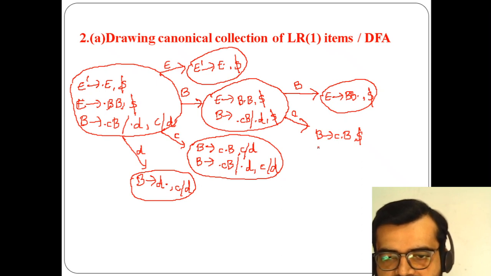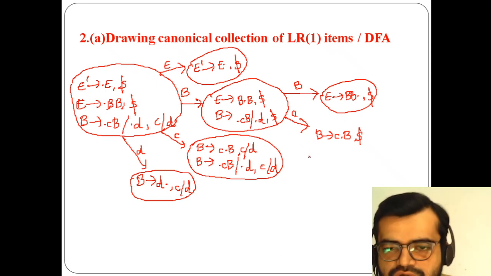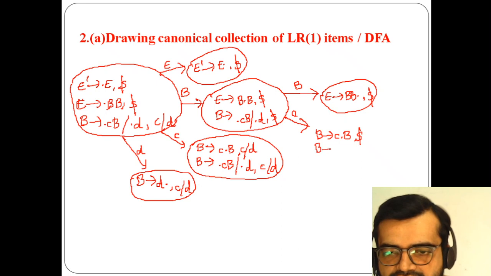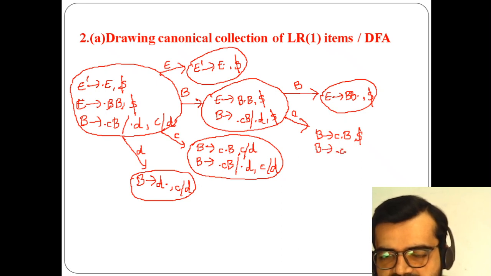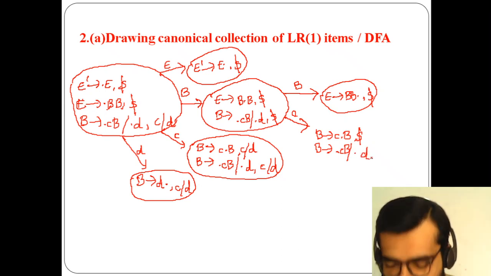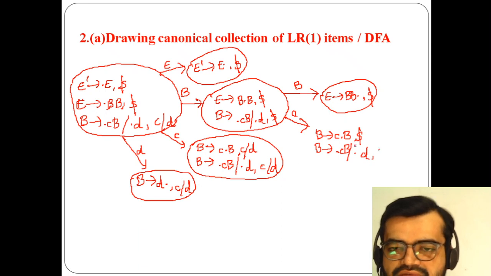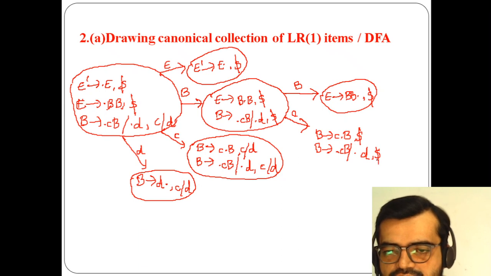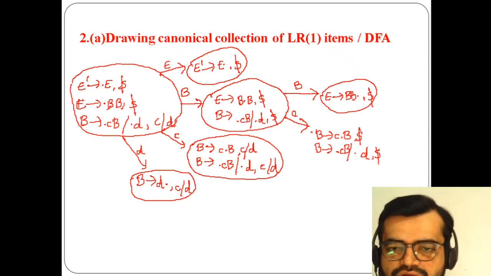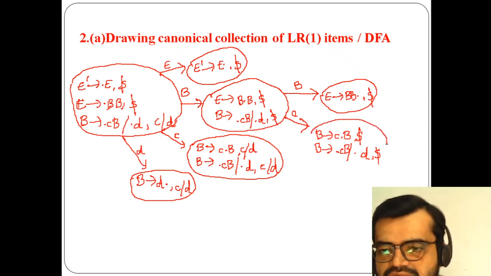For B again the same symbol has to be taken: B of dot small c capital B, or dot D. What will be the look ahead symbol? The look ahead symbol will be dollar only. Why? Because after B nothing is there, so I have to use dollar only here. So this is one state.